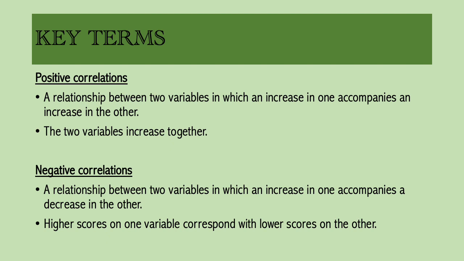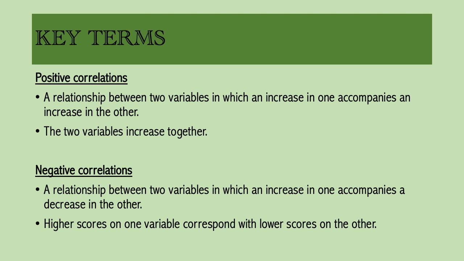Okay, if negative correlation, it's the opposite. Negative correlation is when the relationship between two variables is such that an increase in one accompanies a decrease in the other one. So one goes up, one goes down. Okay, if positive just now, both go up. So meaning that if your attention in class increases, but your test score decreases.